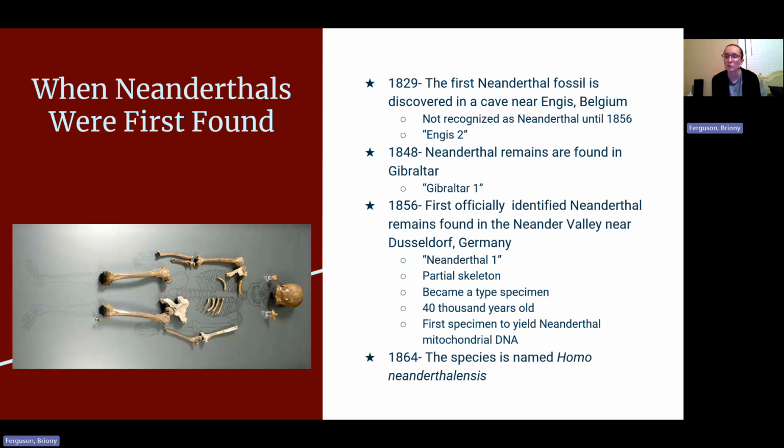When the Genome Project was finished, I can't remember the guy's name that spearheaded all of that, but he started applying those same techniques to Neanderthal remains. And Neander 1 was the first one to have viable DNA for testing. Then in 1864, we see the official naming of the species as Homo neanderthalensis.